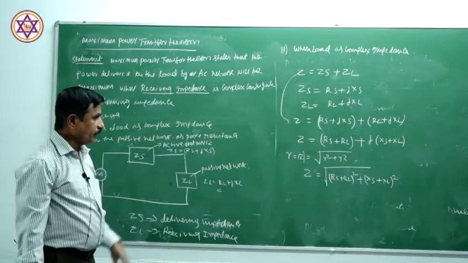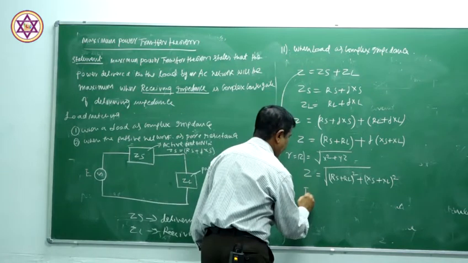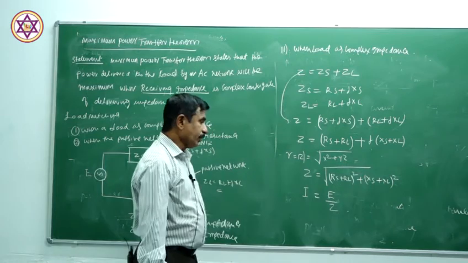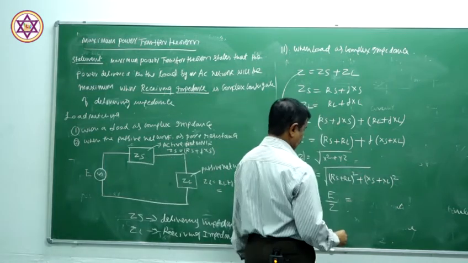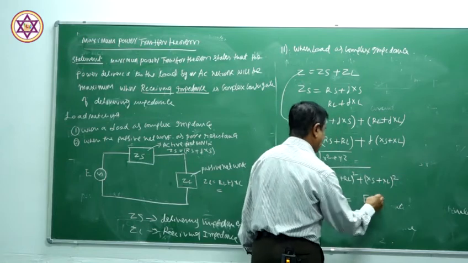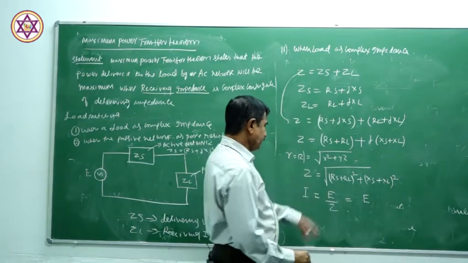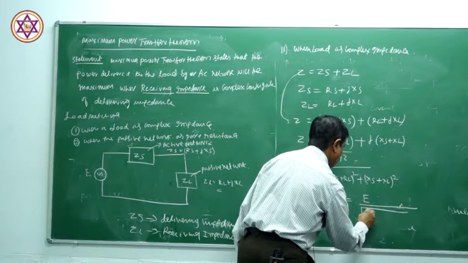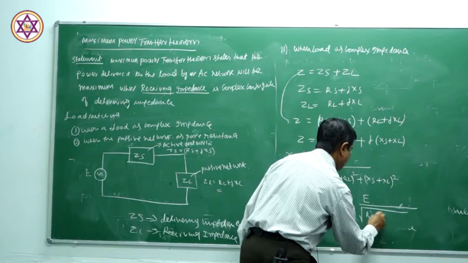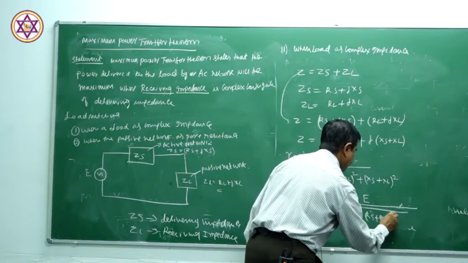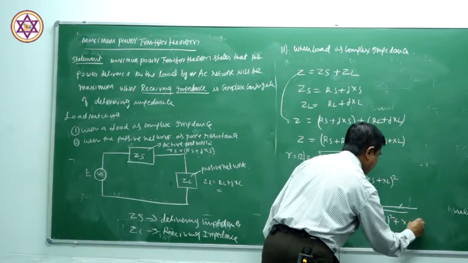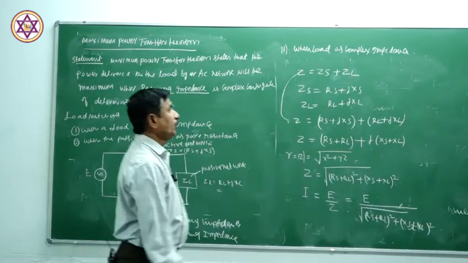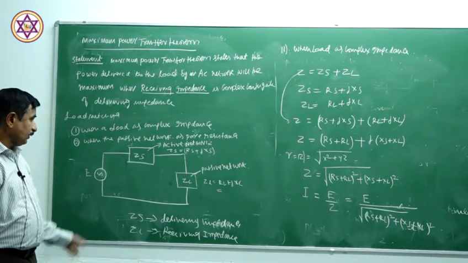So what is the current in the circuit? I is equal to E by Z, where Z is the root of RS plus RL the whole square plus XS plus XL the whole square. That is the current. Now, what is the power in the circuit?